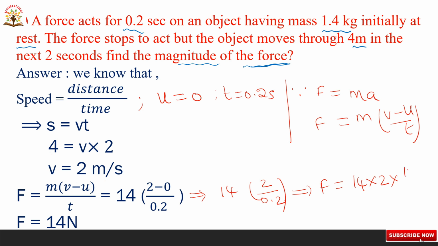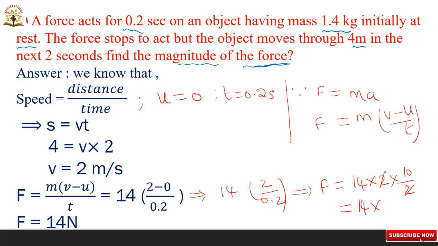So the reciprocal is 10 by 2. Now here 2 gets cancelled.